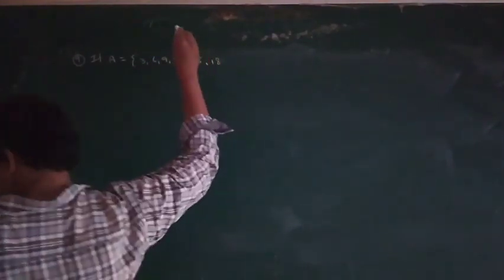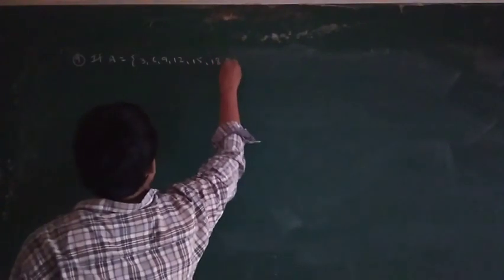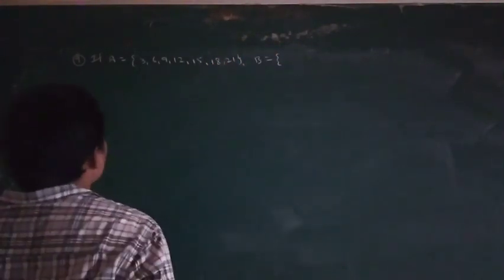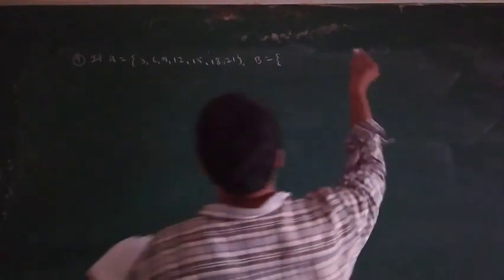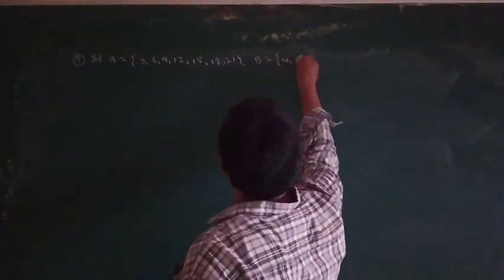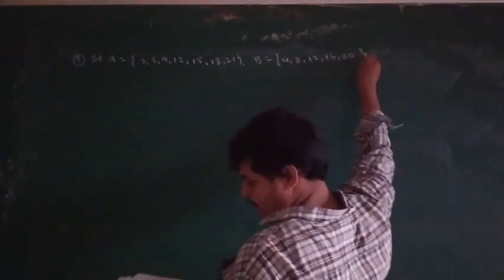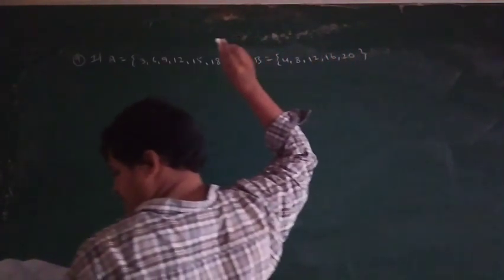Problem nine. If A is equal to 3, 6, 9, 12, 15, 18, 21, B is equal to 3. What is A? The multiple of 3. Okay, so this is the multiple of 4. B is equal to 4, 8, 12, 16, 20, up to 20.